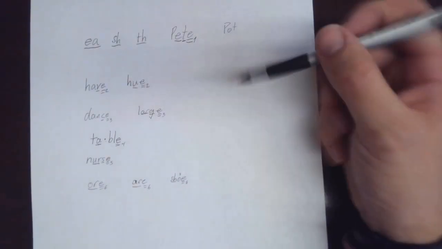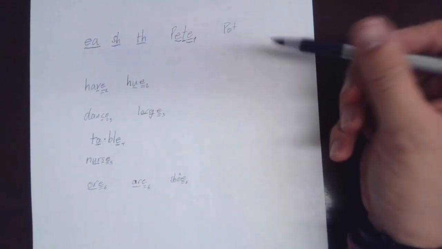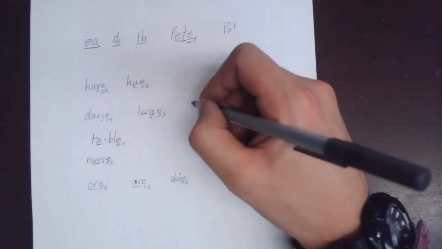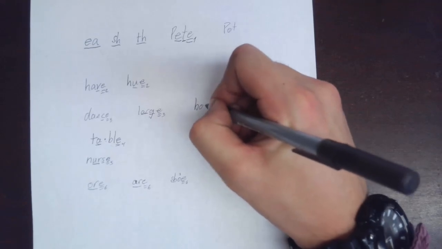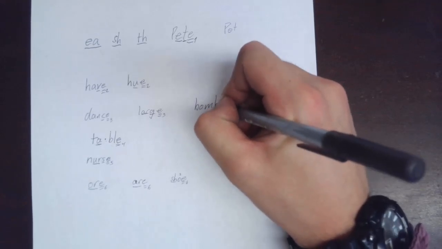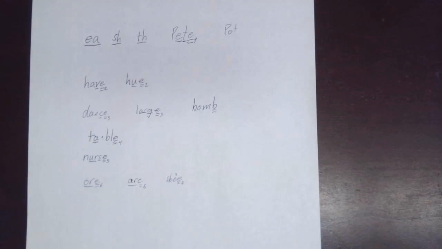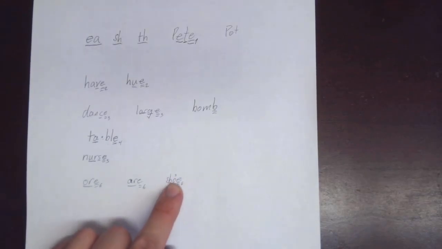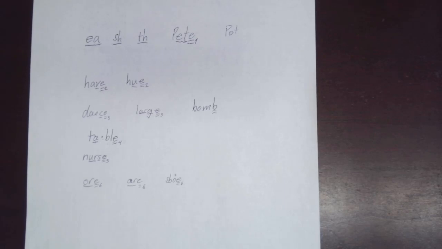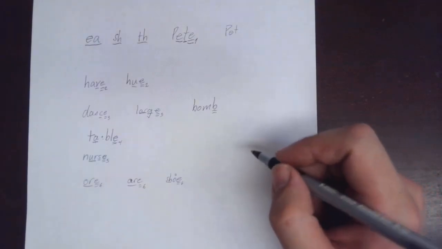And again, silent letters don't just apply to silent final E. In a word like bomb, we would underline that last B because obviously we don't say bomb. Next, you may have noticed that I put a 3 on top of this O. That is because many phonograms have multiple sounds, especially vowels.